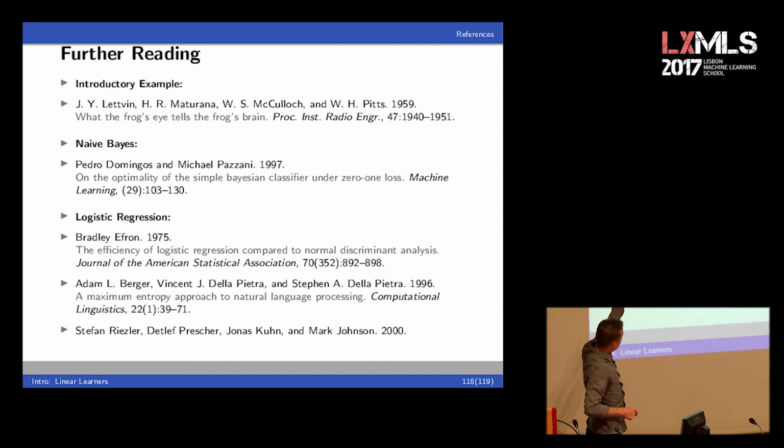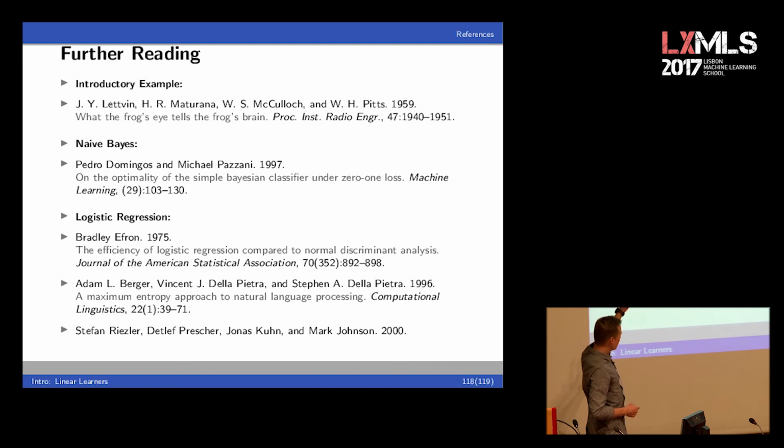Anyway, then a paper on naive Bayes, why it's still a good model. And the first author is Pedro Domingos, who maybe some of you know, as now he is famous for his predictions on the elections. So he was the only one, he claims, who had predicted that Trump will win the election.